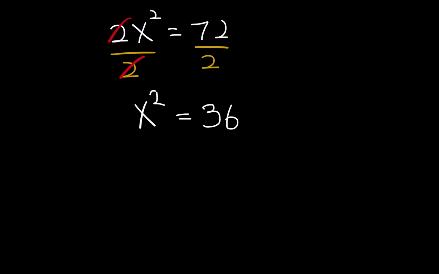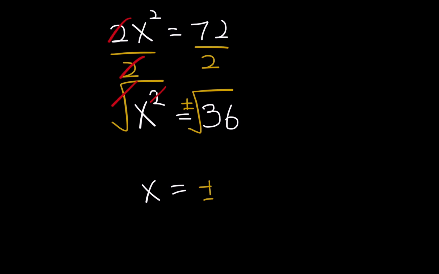So the only extra step that you have to do whenever there's a square is that you just got to square root both sides. And square rooting both sides cancels out the square on the left hand side. And whenever you're doing square roots, don't forget to put a plus minus sign. So finally what we get is x is equal to plus or minus square root of 36.